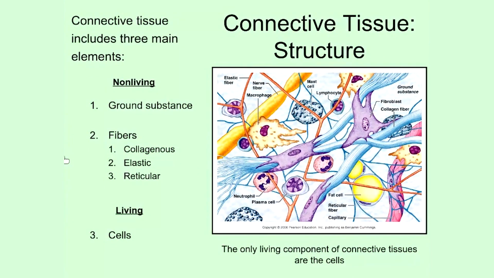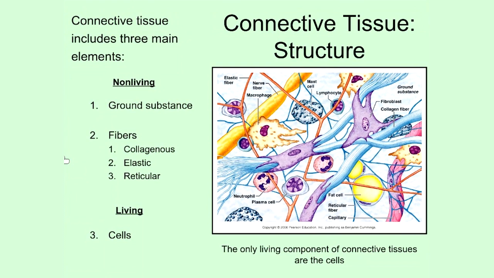These fibers are the biggest fibers that you find in connective tissue. They're made out of a protein known as collagen, and collagen is incredibly strong. It's actually stronger than steel of the same size. Because it's so strong, when you find collagen in connective tissues, it tends to make those tissues really strong and really capable of binding structures together in the body.